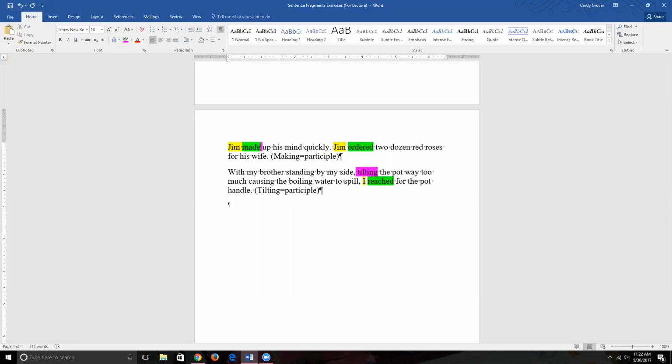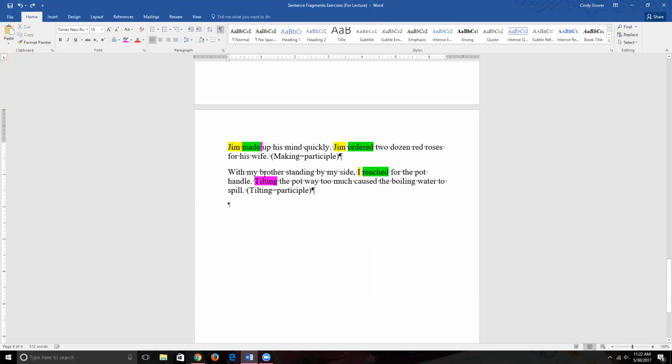Okay, with my brother standing by my side, tilting the pot way too much, causing the boiling water to spill, I reached for the pot handle. Actually, that doesn't work because now we don't have it in chronological order. So I'm just going to have to give up on that option. That's a train wreck.